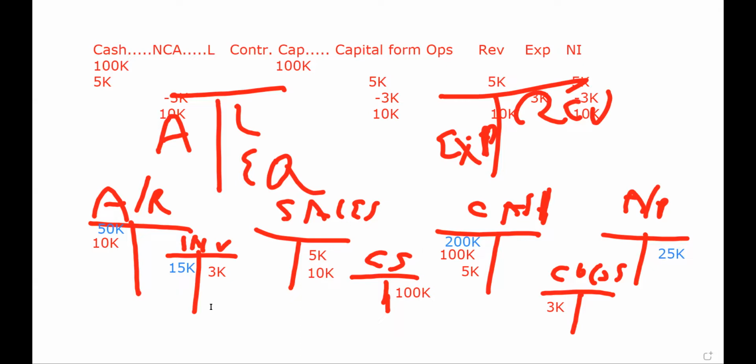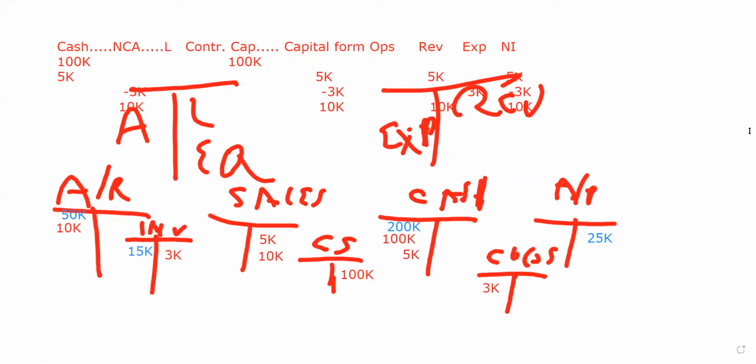I'm going to write down one more transaction here. I'm going to receive some of the cash that's owed me. Let's say out of all the receivables, we have $5,000 that we got paid.